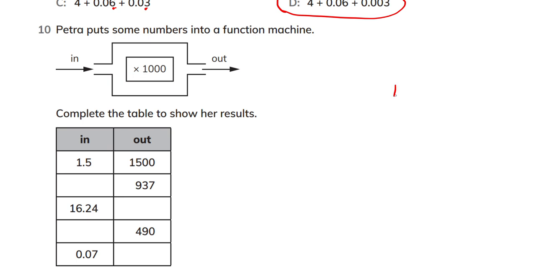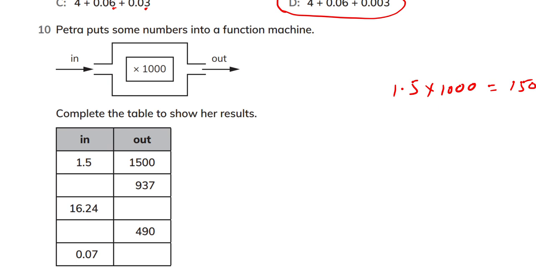Now it's a multiplication, so the decimal will shift to the right side. How many digits? 3 digits. Yes, Amar, what would it be? 3 digits. So 5 is already there, so 2 more digits. Yes, 1500.